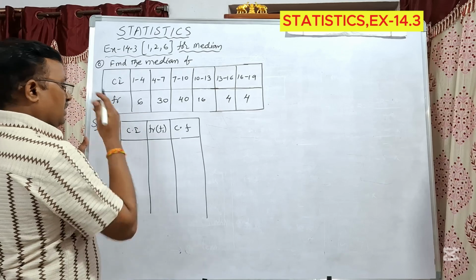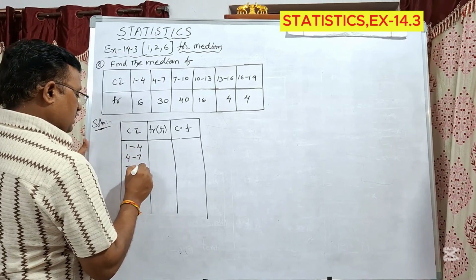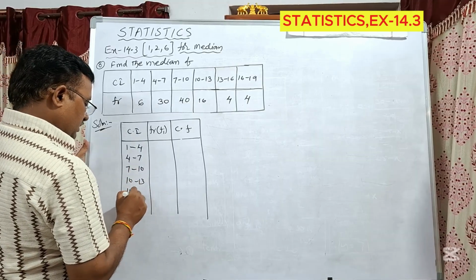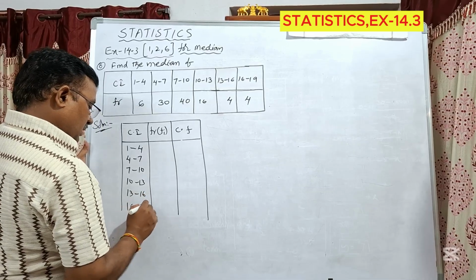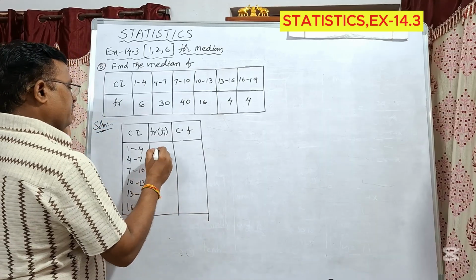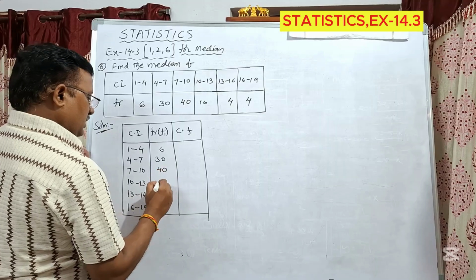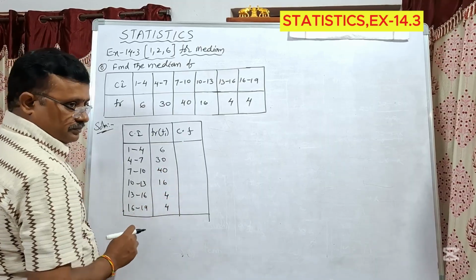So write the data: 1 to 4, 4 to 7, 7 to 10, 10 to 13, 13 to 16, 16 to 19 are the class intervals with the respective frequencies 6, 30, 40, 16, 4, 4.